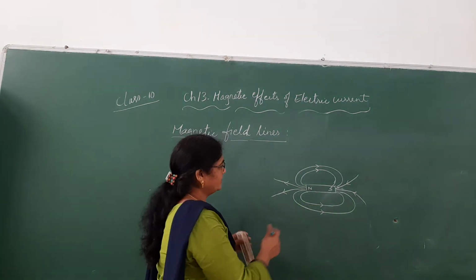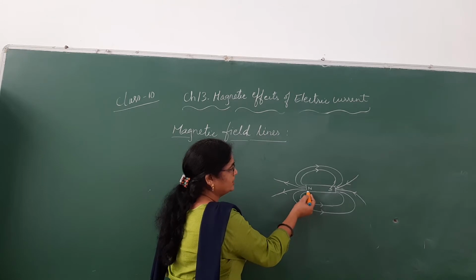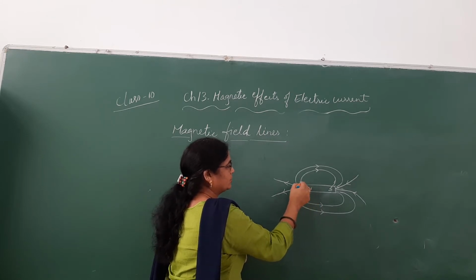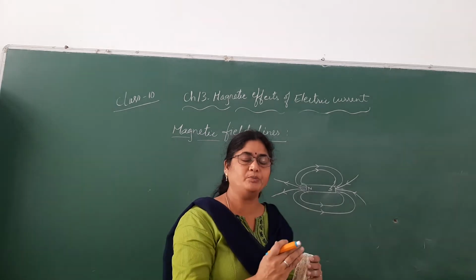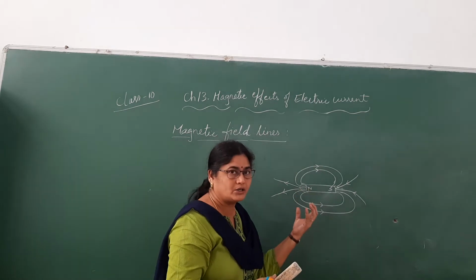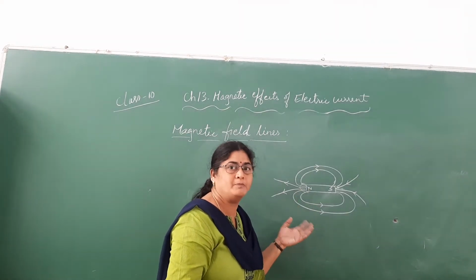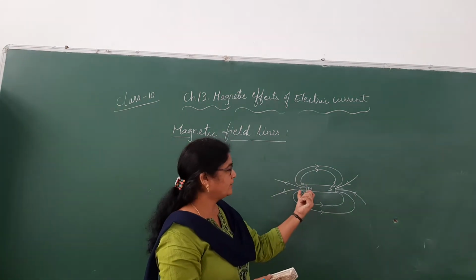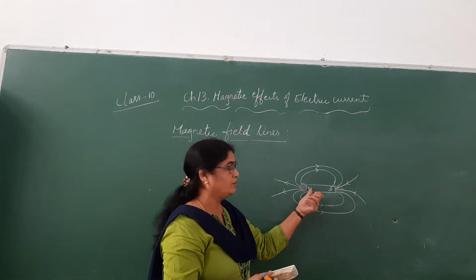If you see here, near the end of the bar magnet, near the poles, all these field lines are grouped. They are very close to each other. They are not crossing each other, they are not touching each other, but they are very close and grouped. More field lines are present near the poles.